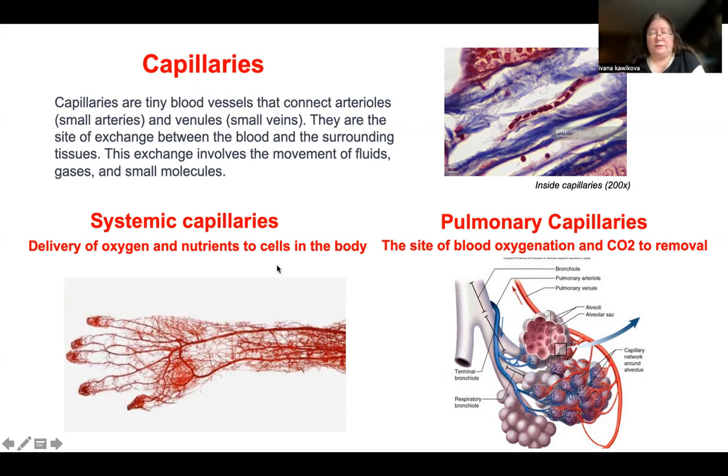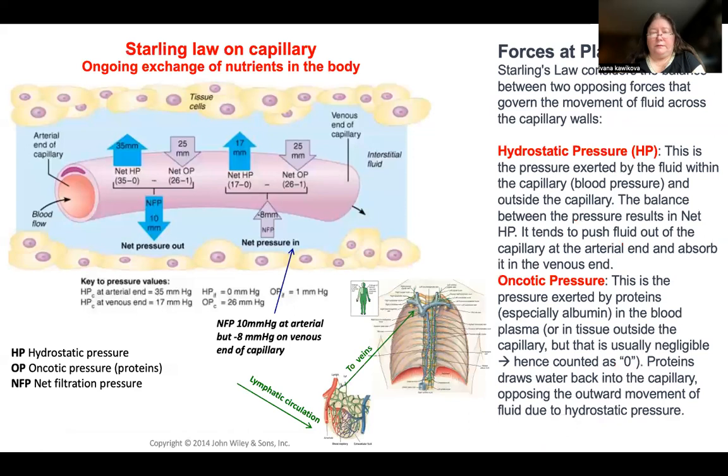So different processes are happening on systemic and pulmonary capillaries, but it is all about movement of fluids and the balance of the forces.